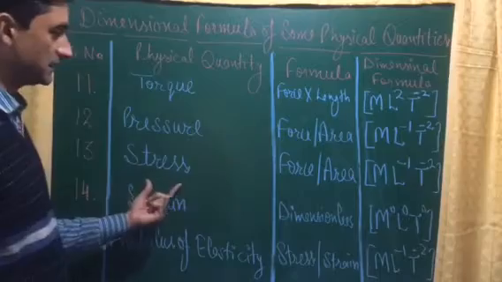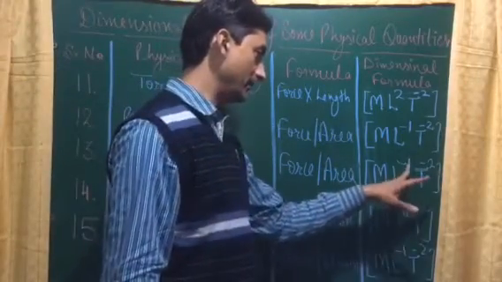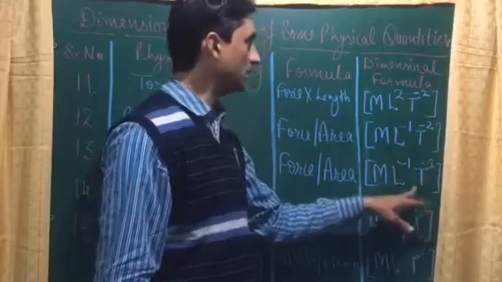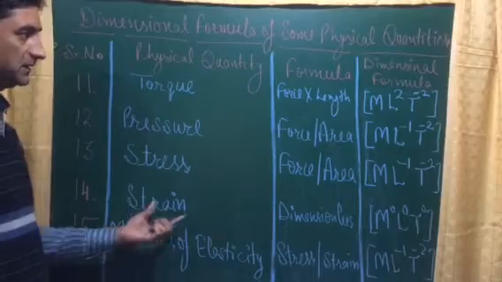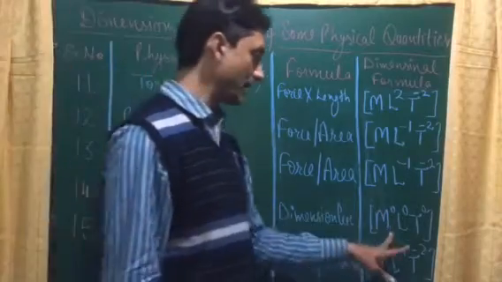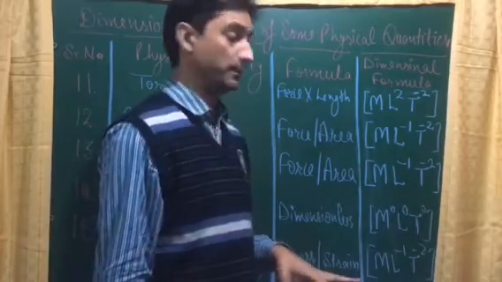Similarly stress: the formula of stress is force upon area, M L minus 1 T minus 2 is its dimensional formula. Strain, remember, is dimensionless, so M0 L0 T raised to power 0.